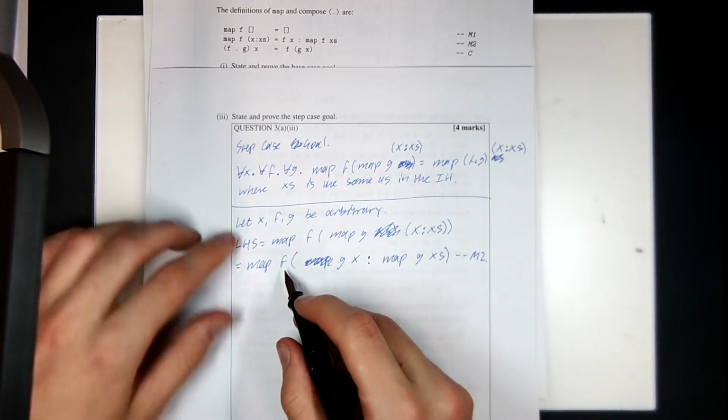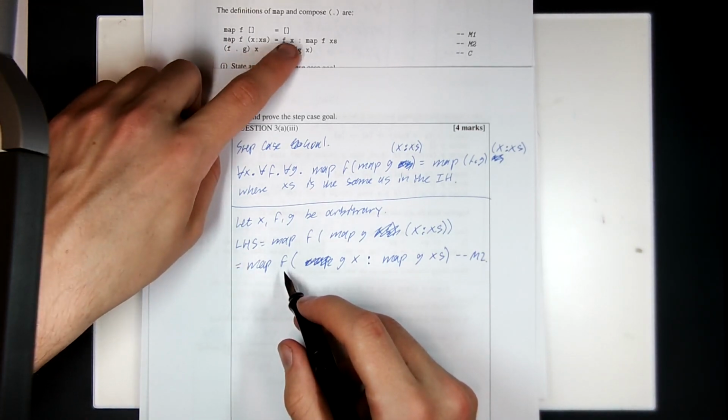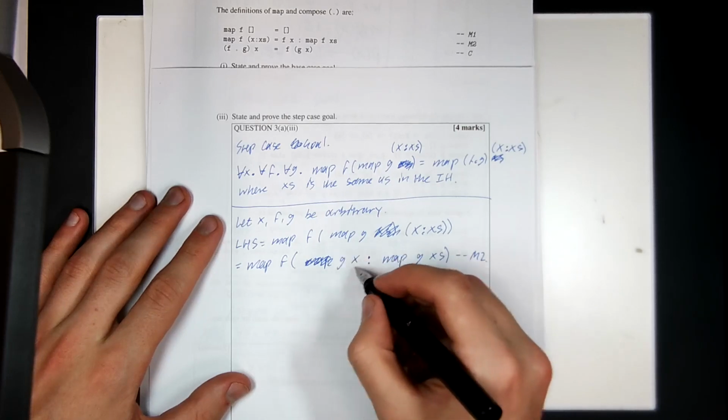And so then we do map f: apply f to the first element and then map f on the rest. So g of x is an element, just like any other.